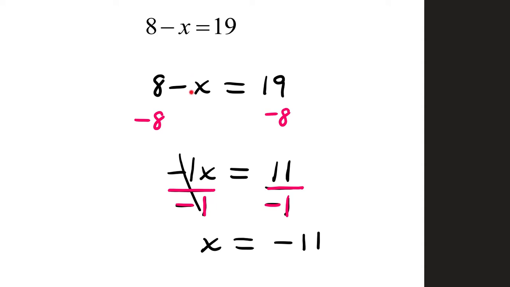That leaves us with 0 minus 1x equals 11. Negative 1 times x, we divide off the negative 1. Just remember, whatever's attached to your x, you divide it off. Divide both sides by negative 1, and that gives us 1x equals negative 11.